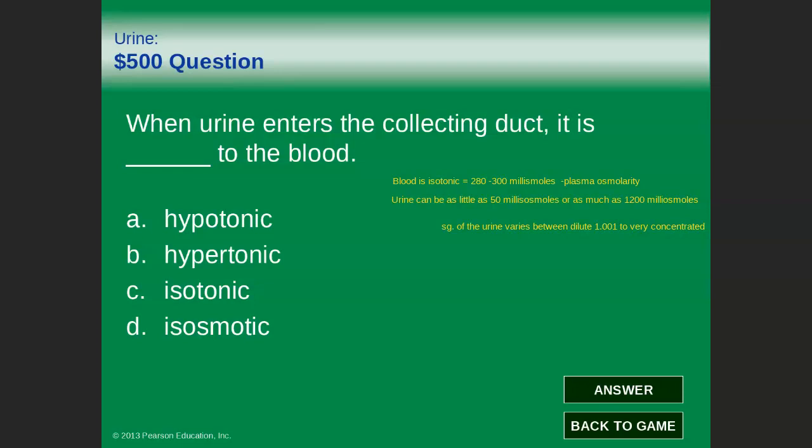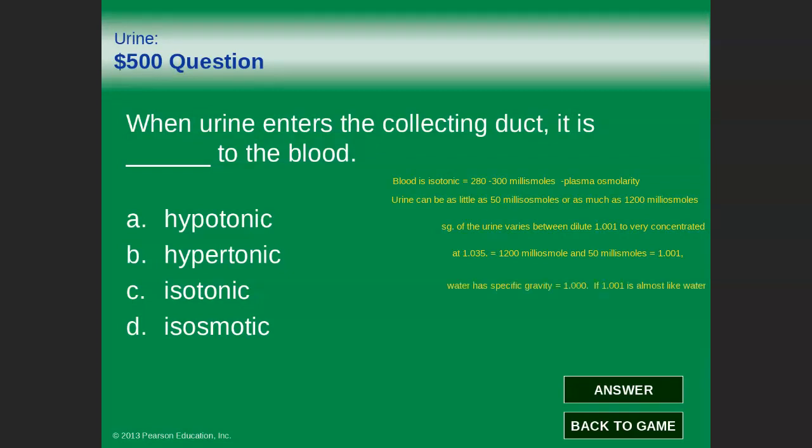Remember, water has a specific gravity equal to 1.000, so 1.001 is almost like water.